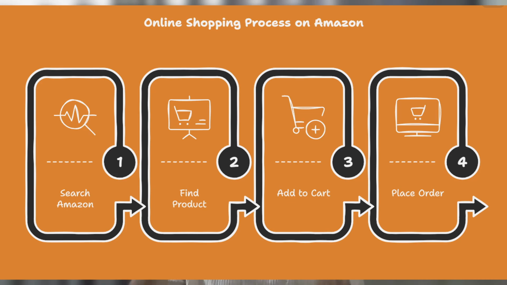Say you wanted something. You would go to Amazon first, then do web searching. After you find your suitable product, third you add it to your cart, and finally fourth you place the order.